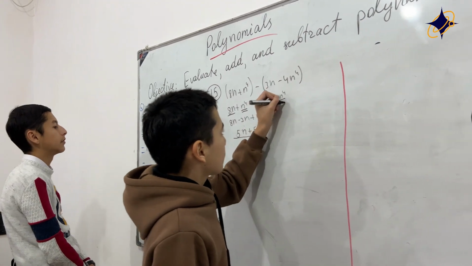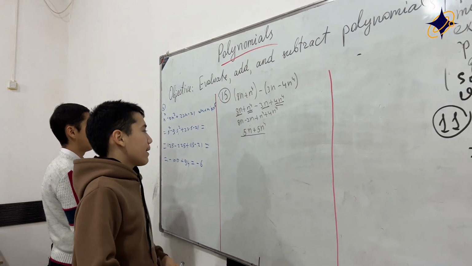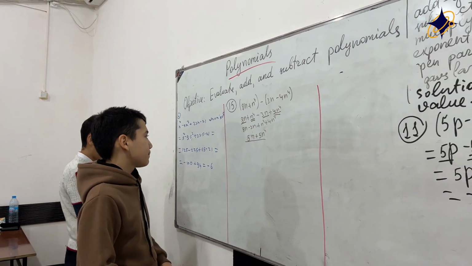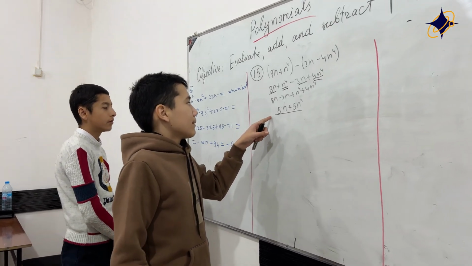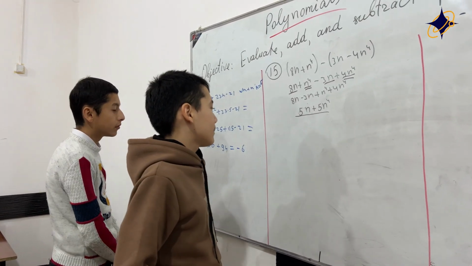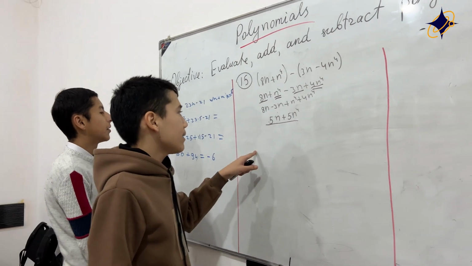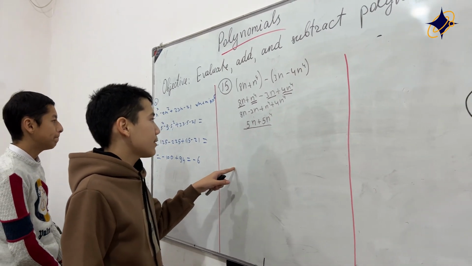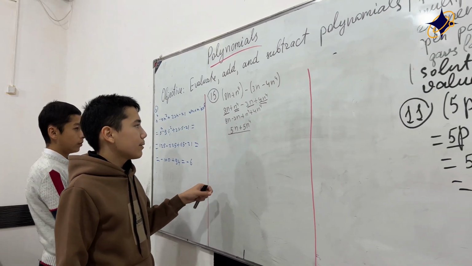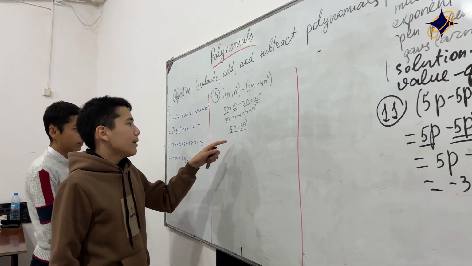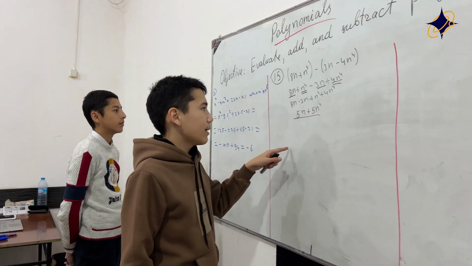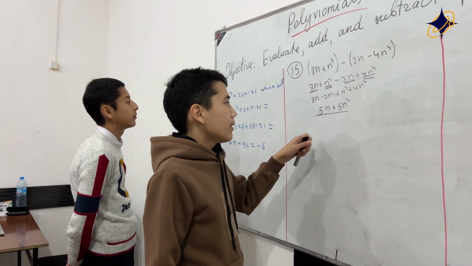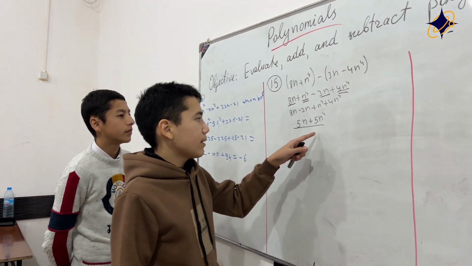And we must add or subtract the coefficients. 8n minus 3n equals 5n. And n exponent of 4 plus 4n exponent of 4 equals 5n exponent of 4.